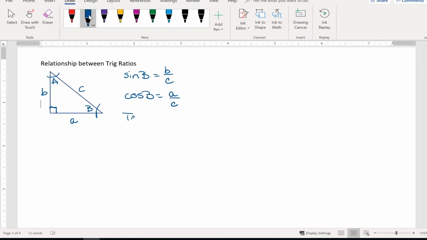And we also know that the tan of B is equal to the opposite side over the adjacent side.